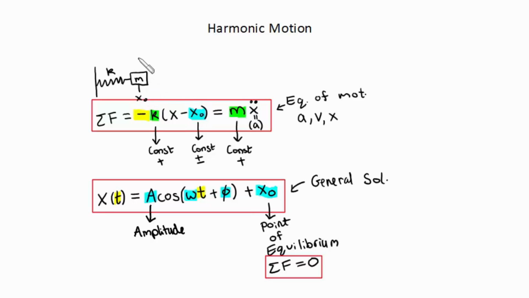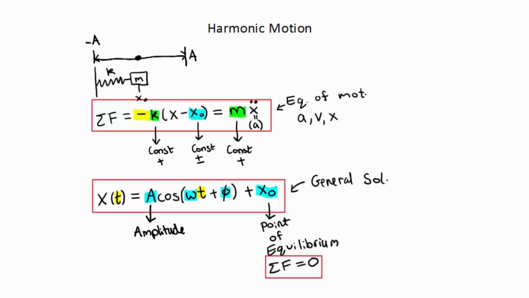From this point, I can go this distance, A, up until here. And similarly, I can go the exact same distance up until here, but minus A. So I can go A to the right and minus A, which means going to the left. And that is my amplitude, the distance I go away from my x0.